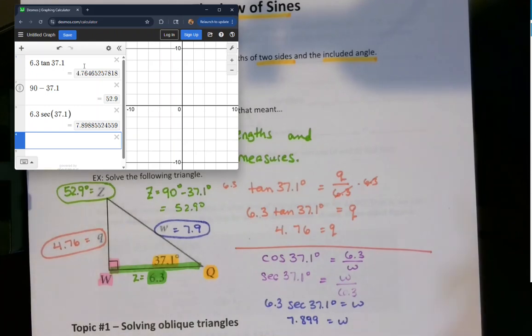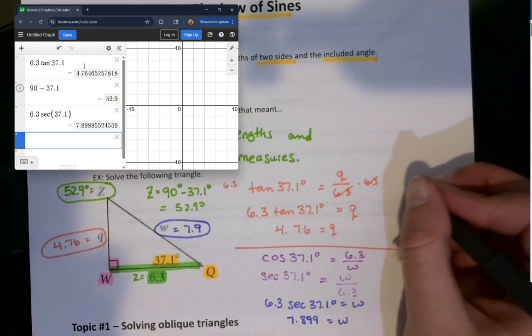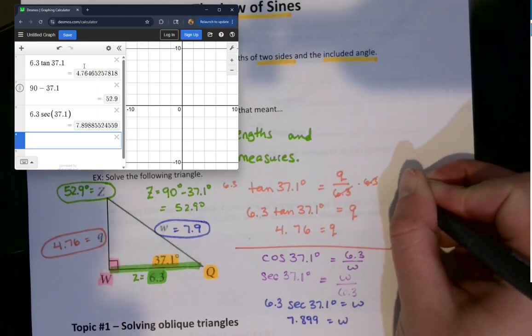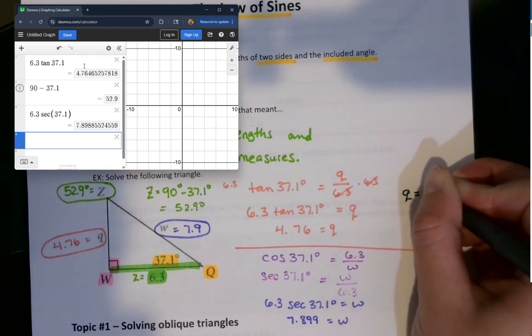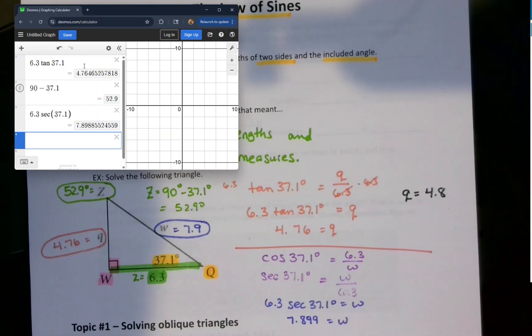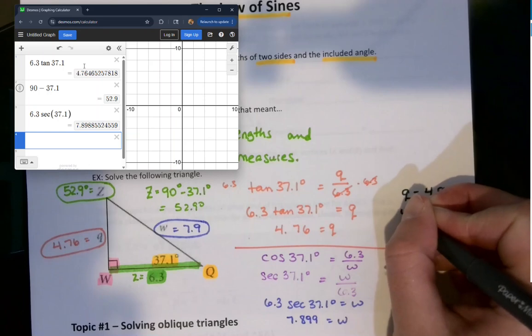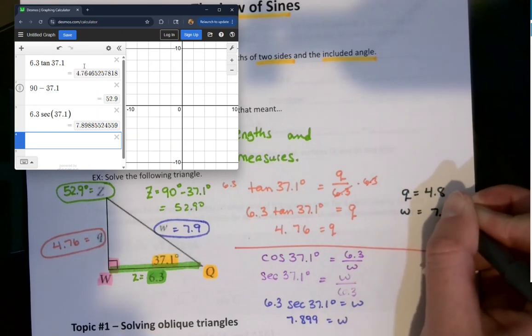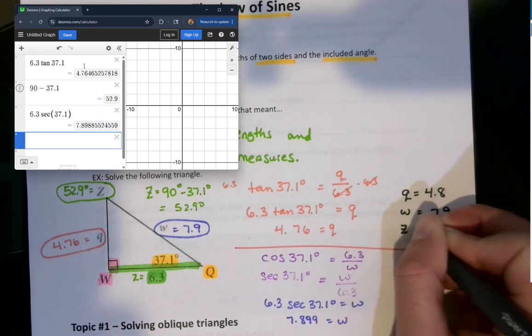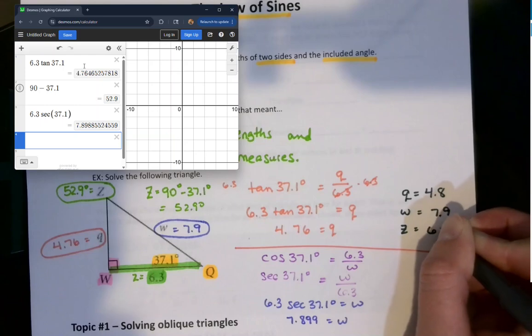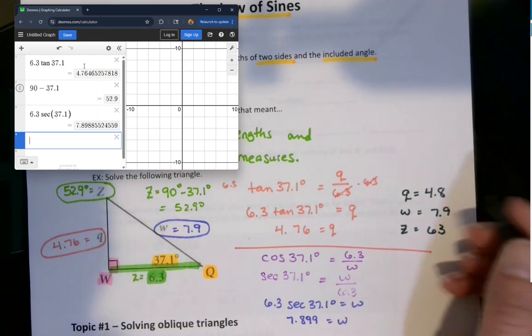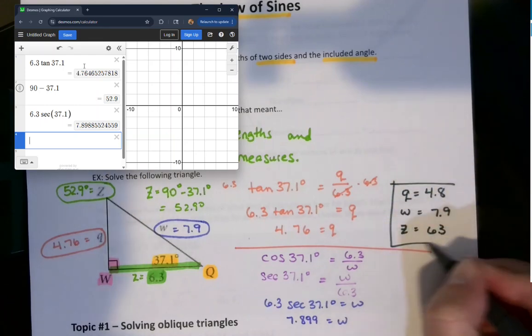So we could list all of the sides. We can list Q as, let's go for one place on all of them, since even with two places I have just 90 there. So Q is about 4.8, W is about 7.9, Z is the given 6.3. So these are the three sides.